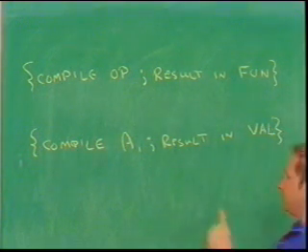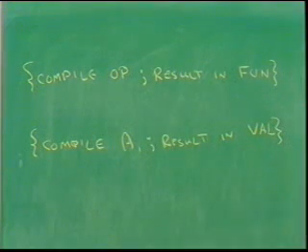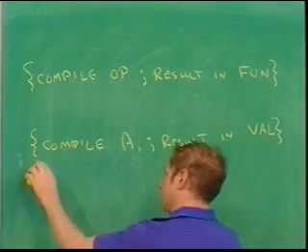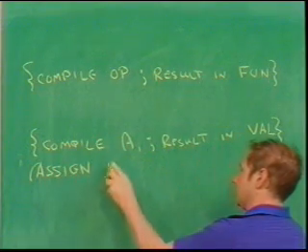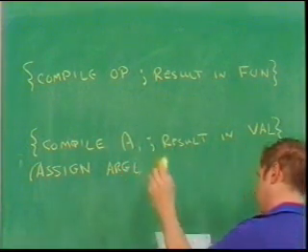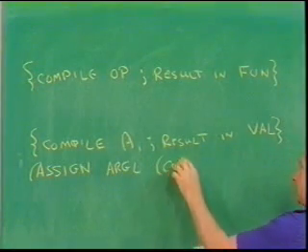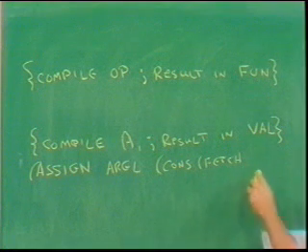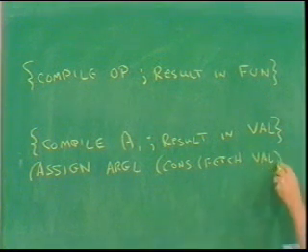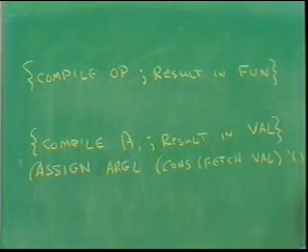And then what it's going to need to do is start setting up the argument list. So it'll say assign to argl const, fetch, so it generates this literal instruction, fetch val onto empty list.